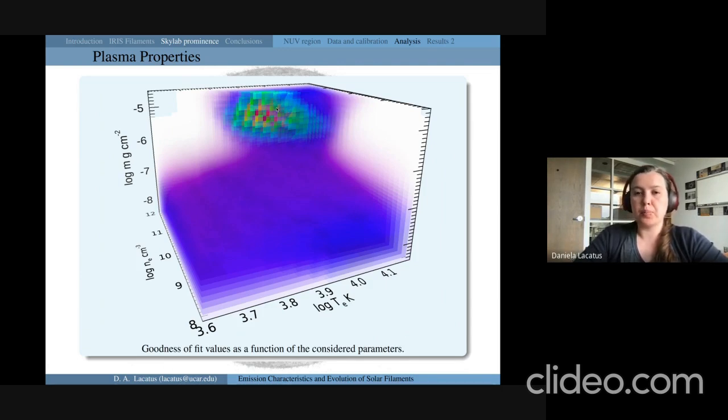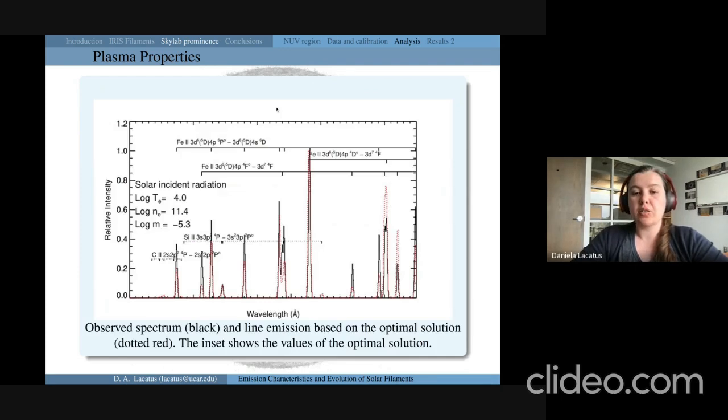We then take the best fit and create the simulated emission profile based on this, and we plot it here in the dotted red line. As you can see, the intensities are not fully recovering the observed ones, which are shown in black.